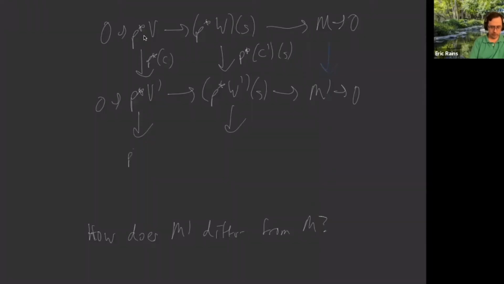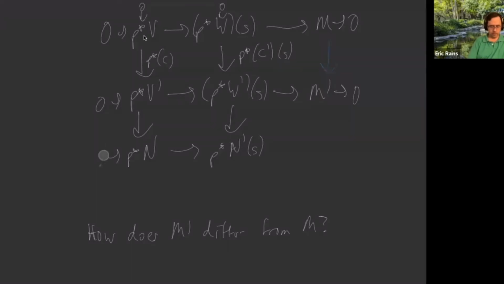Well, this is going to be rho upper star of the co-kernel of C. Let me call that N. And N prime, except twisted by S. Right, so the point is, C is a map between vector bundles of the same rank. And we're assuming it's invertible generically, and therefore it's injective. So we have zeros coming in there.